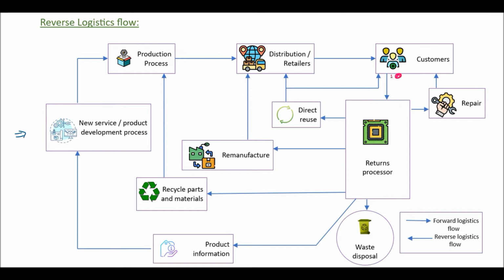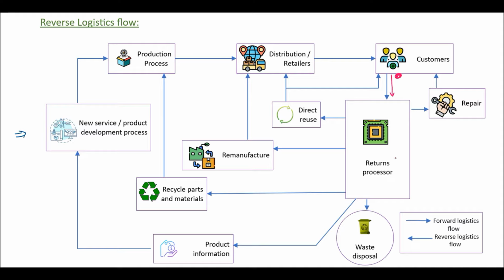So this is the flow from the customer to the returns processor. The returns processor facility will be responsible for disassembling products and extracting any remaining value from them, such as any reusable parts, etc.